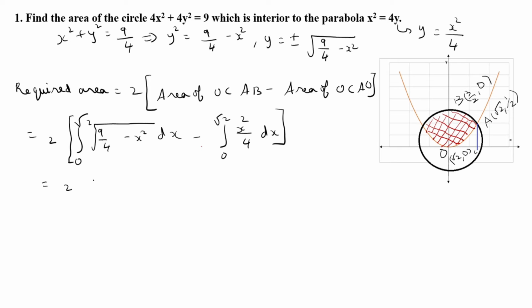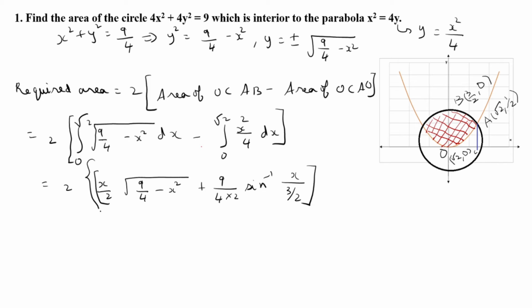So from that we can write this is equal to 2 times x by 2 root of a square minus x square plus a square by 2, that is 9 by 4 into 2, sine inverse of x by a, where a is 3 by 2, from 0 to root 2, minus 1 by 4, let me take outside, integral x square dx is x cube by 3, from 0 to root 2.